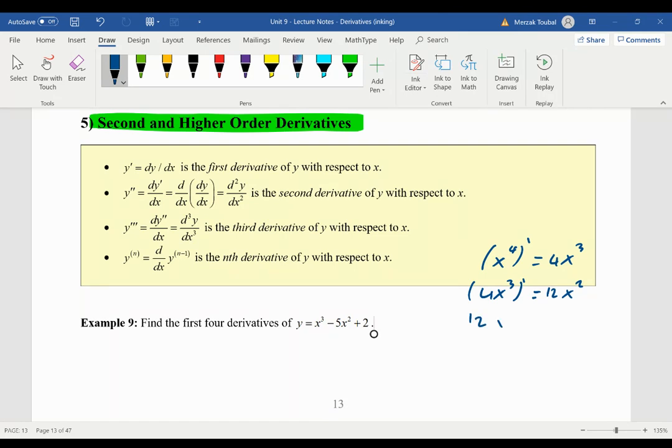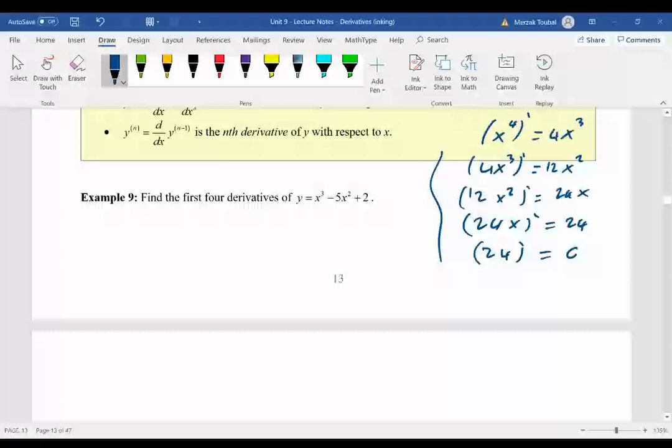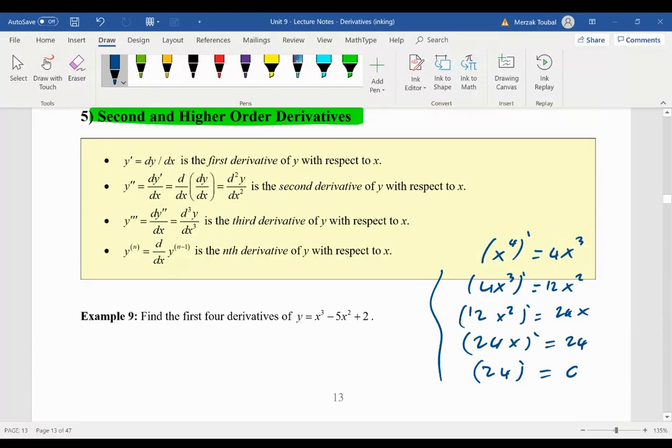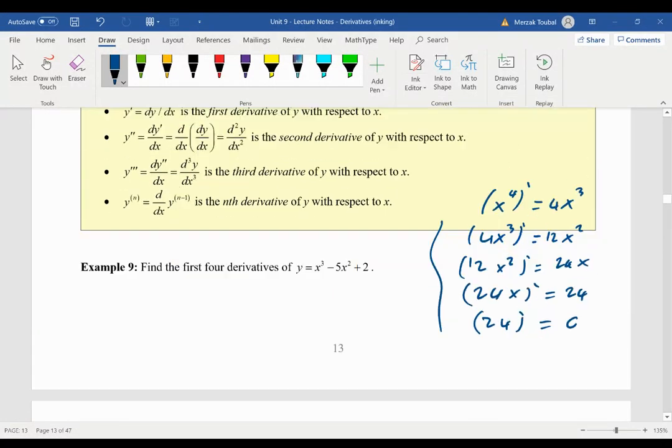Then the derivative of 12x squared is 24x. Then the derivative of 24x is simply 24. The derivative of 24 is 0, and it looks like it's a dead end. This is what second and higher order derivatives mean.